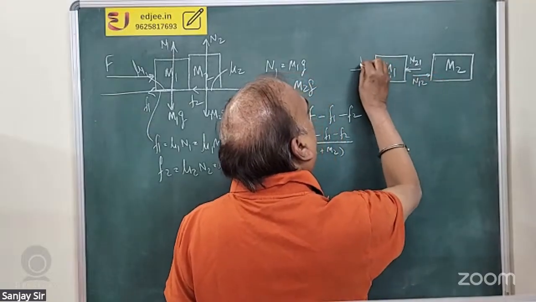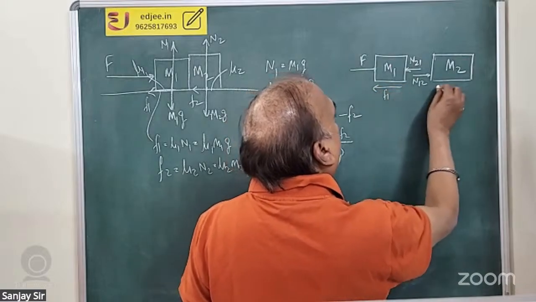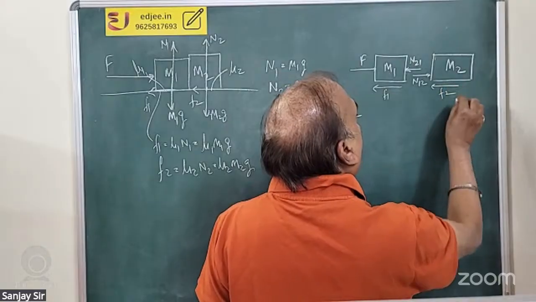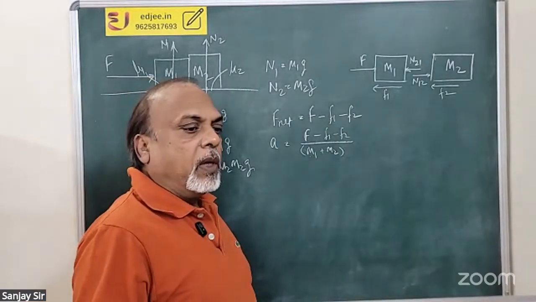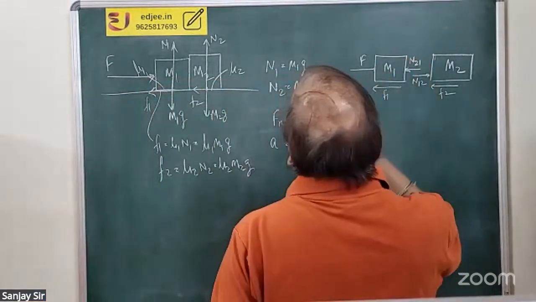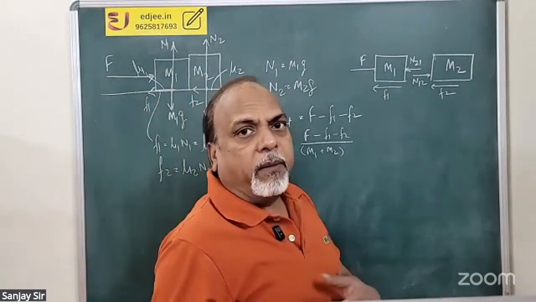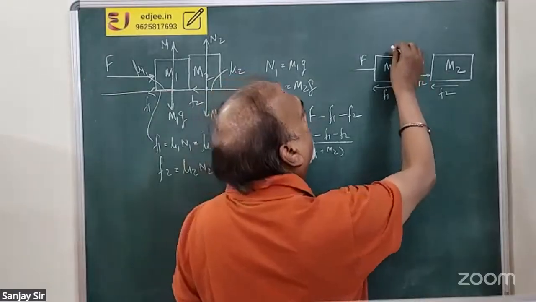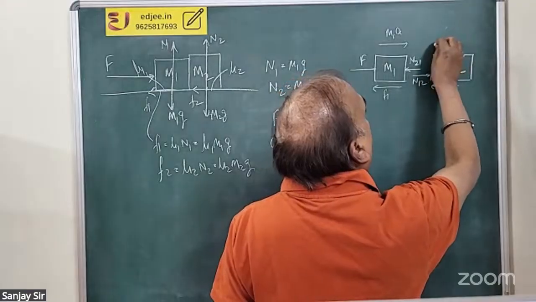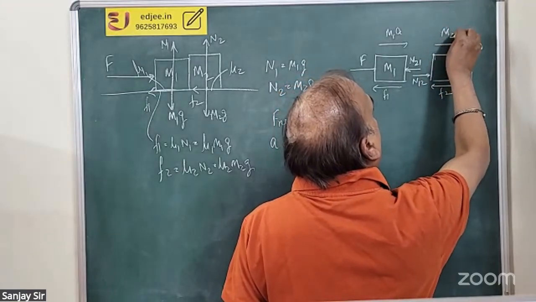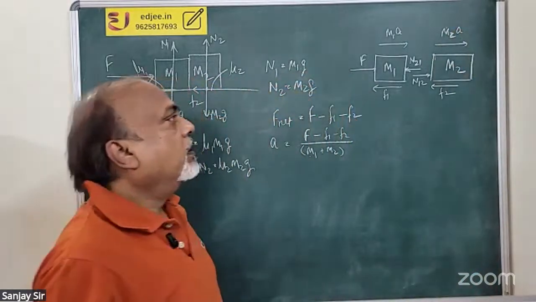Here F is there. These forces, of course, F1, F2, they are acting on this. Another thing, this complete assembly is moving with acceleration A. That means this is moving with acceleration A, and this is also moving. Correct?